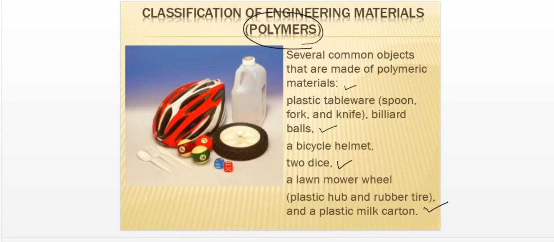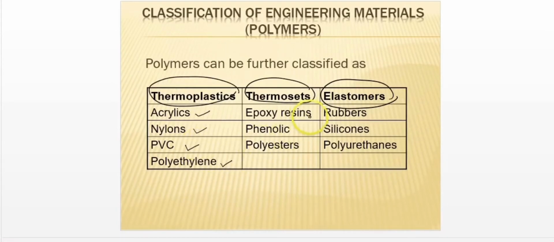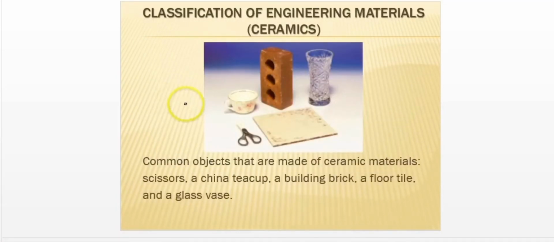So these are examples of materials made from polymer. Under polymer we can divide into further classification, which is thermoplastic, thermosets, and then the last one, elastomers. Examples under thermoplastic: acrylics, nylons, PVC, polyethylene. Thermoset, the very famous ones: epoxy resin, phenolic, polyester. Elastomer: rubber, silicone and polyurethanes. Sometimes polyurethane is also classified under thermoset.